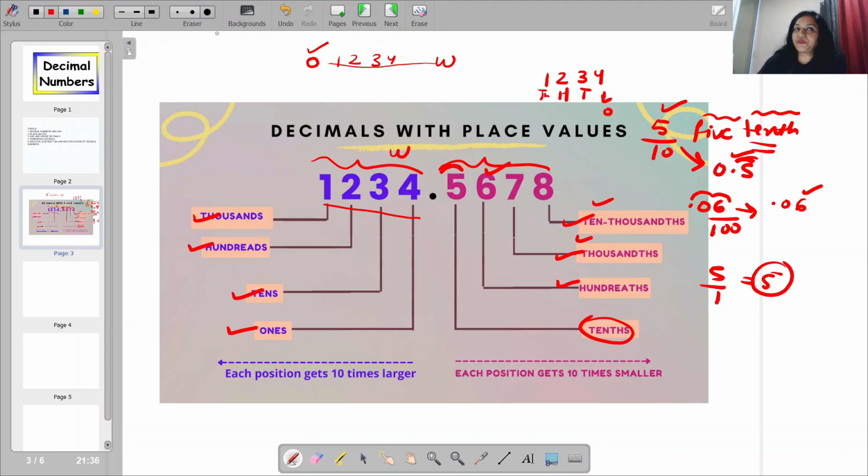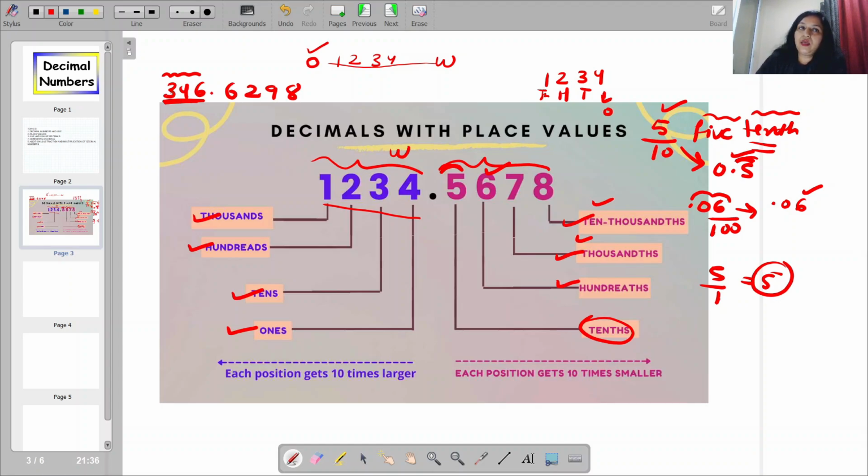Correct? So if I write a number here, 346.6298, and I ask you how to read this number. There is a way of reading the decimal number. The number to the left of the decimal, you can read together, like I have read 346. But on the right of the decimal, these digits you should read one by one.